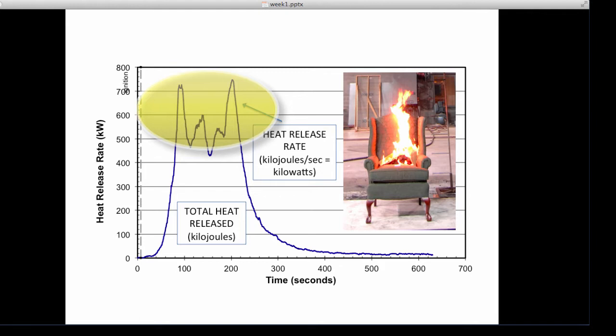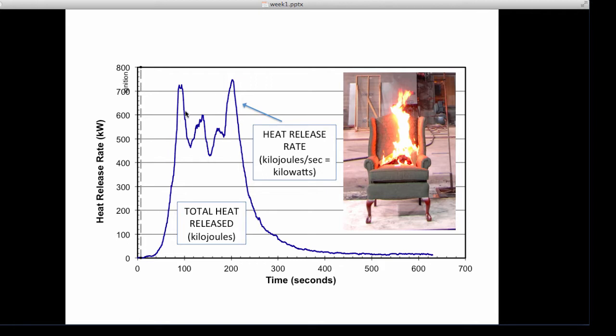We're either running out of fuel, or there's no longer enough air or oxygen to sustain the fire, or it may start to reduce a little bit if we start spraying water on it, if the fire department comes in and puts the fire out. In this case, we're burning this chair out in the open, so it's not ventilation limited. There's plenty of oxygen available in the ambient air.